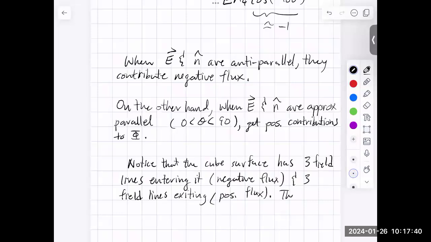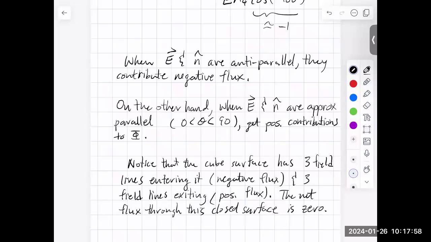And so the net flux through this closed surface is 0.